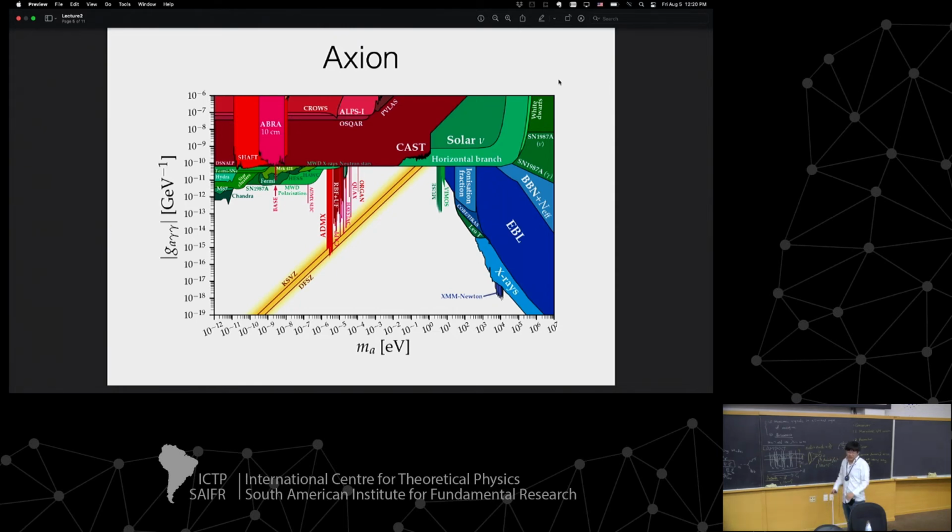In principle, well, actually not only in principle, in reality we are designing experiments which try to cover anywhere from 10 to the minus 11-ish eV to tens of eV. So we want to kill all of this white space, or maybe find a QCD axion or an axion-like particle in this region, and experimental progress is ongoing, and hopefully we'll get there sometime. Yeah, thanks.